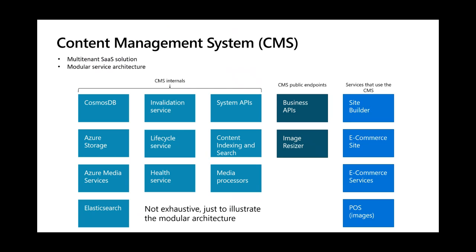And then if we move to the leftmost column, you see some technologies that the CMS leverages behind the scenes. There's Azure Cosmos DB for regular content. There's Azure Storage for very large content and binary data. And there's Azure Media Services for video content. Elasticsearch is there for indexing and search. And like mentioned, these are just examples, and the diagram is not exhaustive by any means.